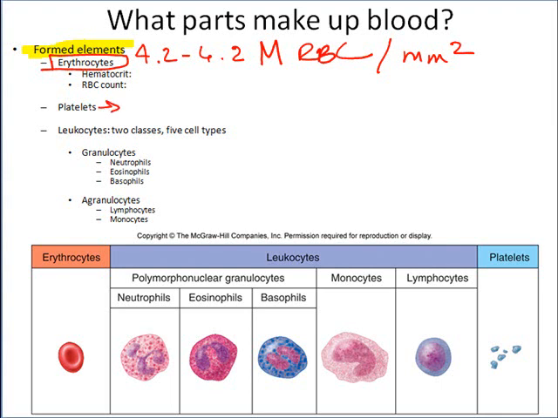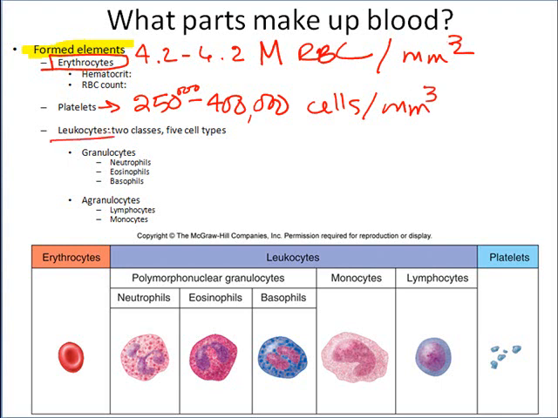Platelets, which are little pieces of cells, they're not whole entire cells in themselves, but little tiny pieces of cells, only account for roughly 250,000 to 400,000 cells per cubic millimeter.